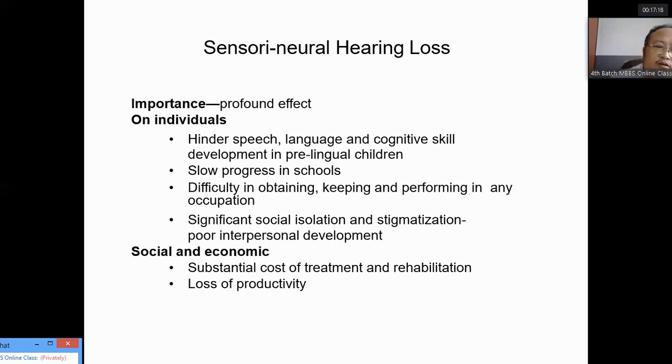The financial loss will be there, leading to other problems. And repeatedly going for treatment will cause a social and economic burden for the patients, or even the hospitals, the state or the society. So it might have a profound effect in case of hearing loss.